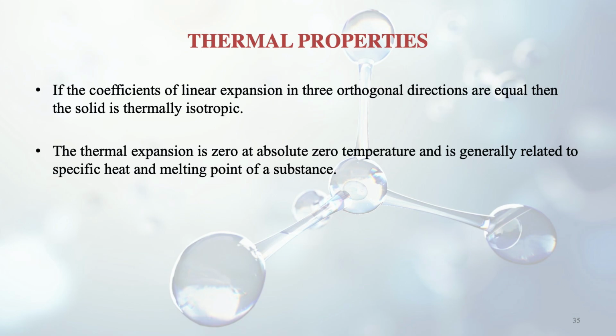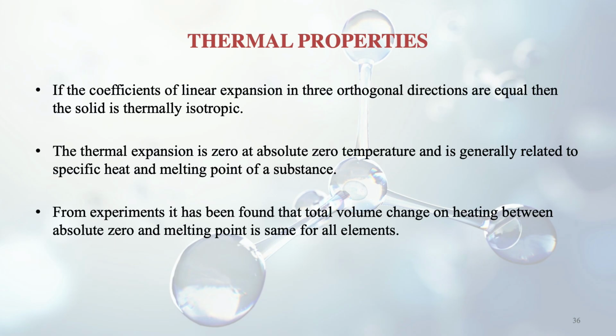The thermal expansion is zero at absolute zero temperature and is generally related to the specific heat and melting point of a substance. If you have read in chemistry, absolute zero temperature is minus 273 degrees centigrade, at which all vibrations and atom movements are said to be zero.